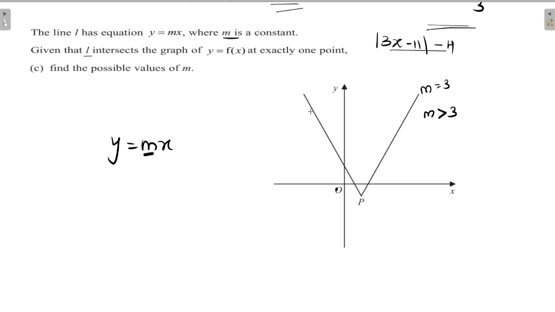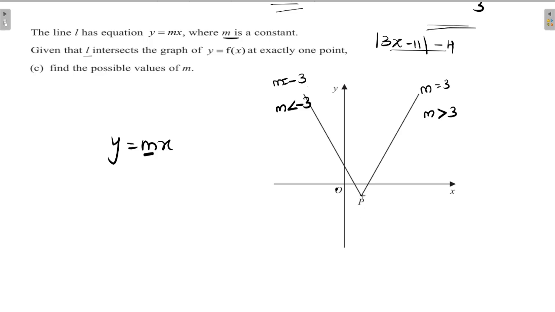Similarly here m is minus 3, the gradient is negative 3. We have to draw another line intersecting only one point, m must be less than minus 3.